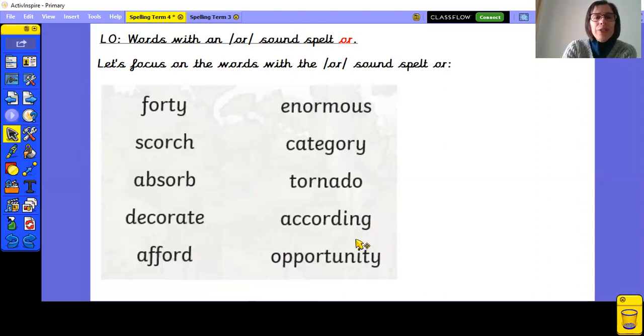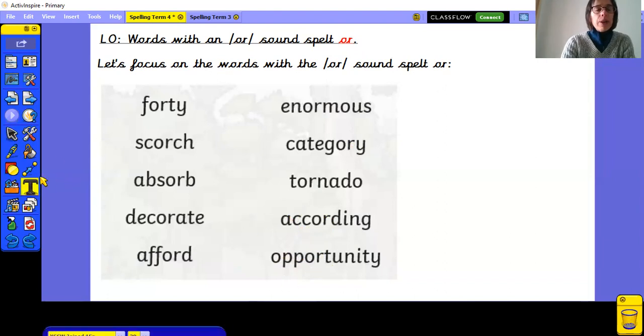Okay, well done, year 5. So you've got a whole week to learn these 10 words. And I think they're kind of pretty easy because they all have the same spelling for the O sound, O-R. So probably I would say, look at the double C in according. Look at the double P for opportunity.